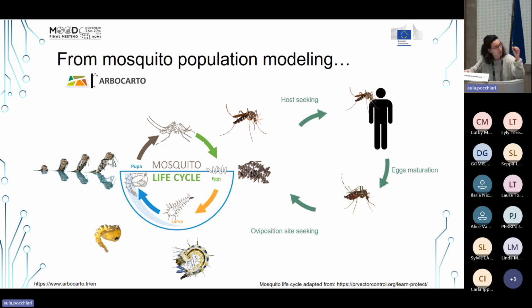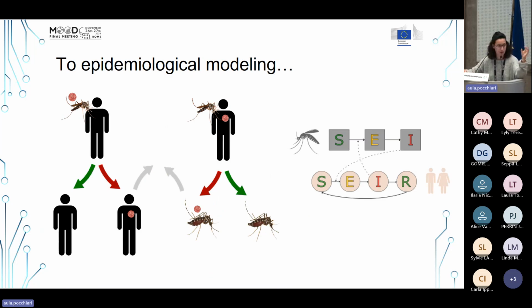So using these precisions enables us to act directly on eggs or on larvae, like increasing the mortality, to have scenarios of vector control. So we use this description of the mosquito life cycle to simulate the abundance of the mosquito over time and space. Then what we did in MOOD is to combine this mosquito population dynamic model with an epidemiological model.